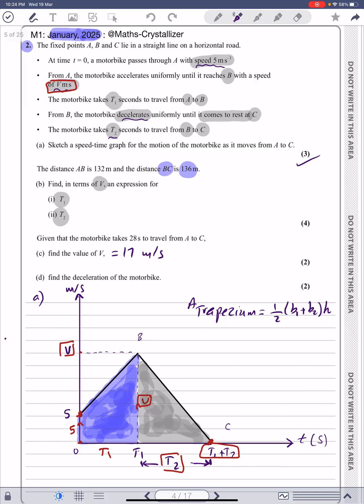For part D, find the deceleration of the motorbike. Deceleration is in this part of the journey from B to C. We know now V is 17. Only we have to find this T2.